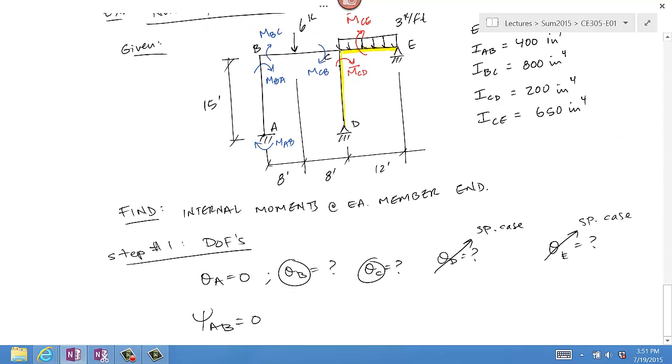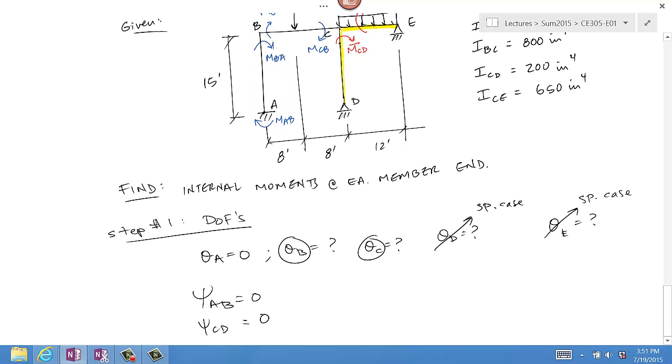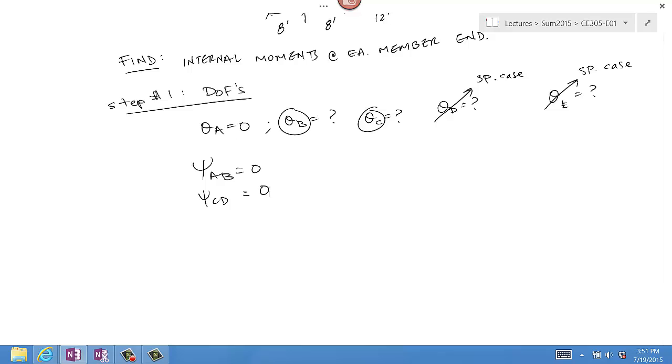Psi CD is also equal to 0 because it's a column and there is no sway here, and there is no lateral support settlement of points A or D. We've discussed this for the beams.